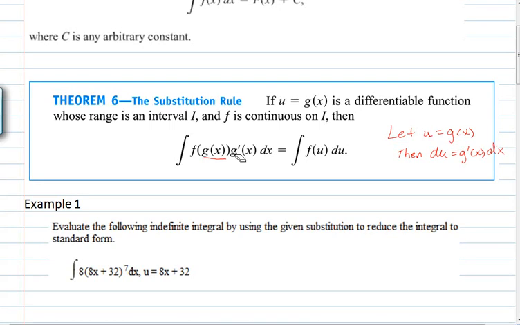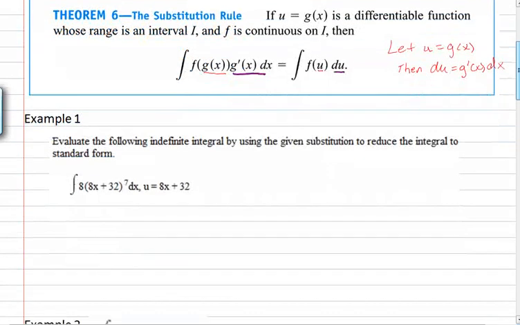That's where this part got traded out for the du, because that's what we said du was equal to. We said u was equal to what's underlined in red, and we replace it. So we take a long, complicated integrand and we can simplify it. Substitution makes integration much easier.